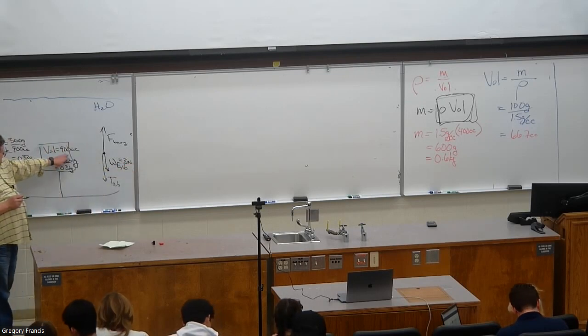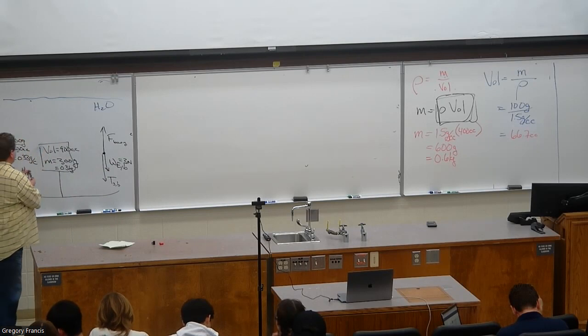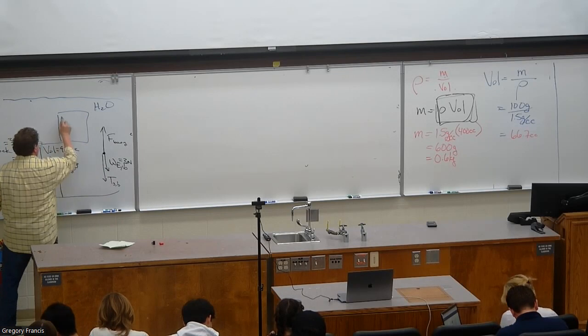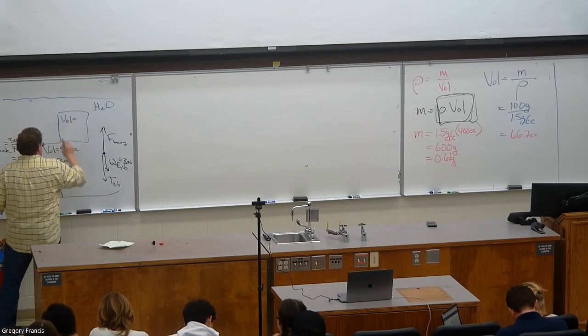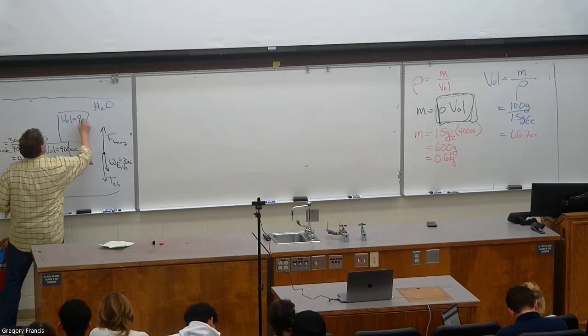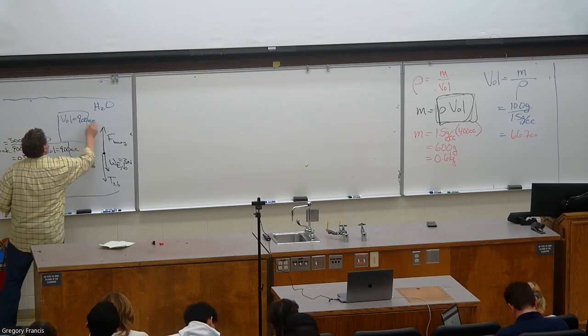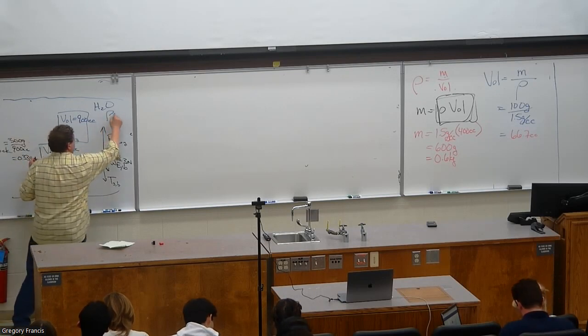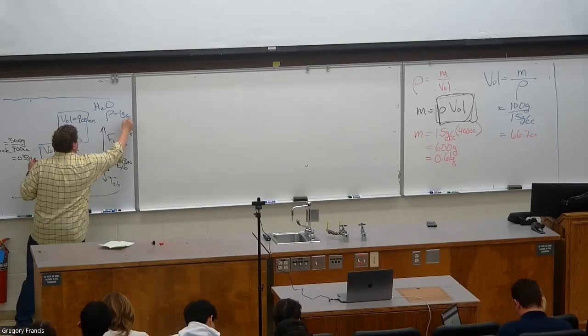In water, I imagine a block of water that has exactly the same volume as this block of whatever it is, namely 900 cc's. Well, if I'm dealing with water, the density again is 1 gram for each cc.